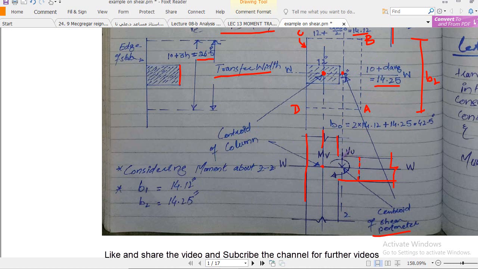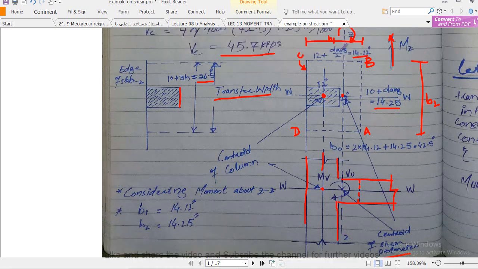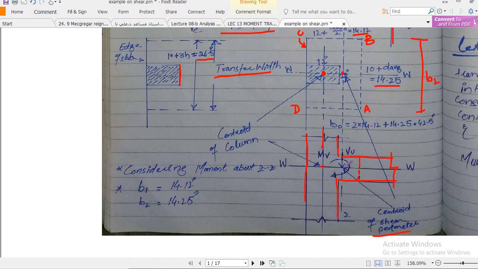This is the top surface and this is the bottom, and this is my column. The Z axis, which extends downward, coincides with the W axis at this point. So this point is my centroid of the shear perimeter.